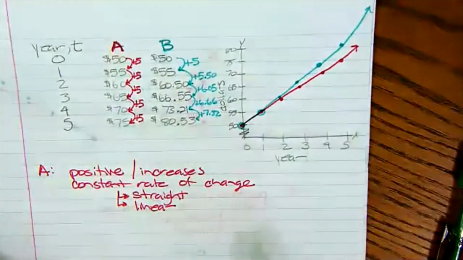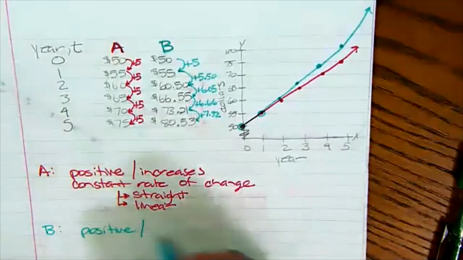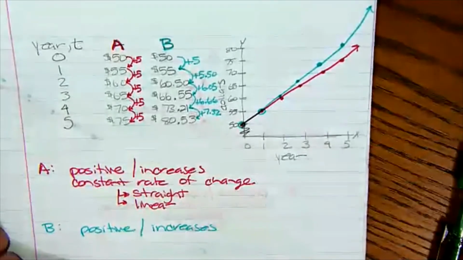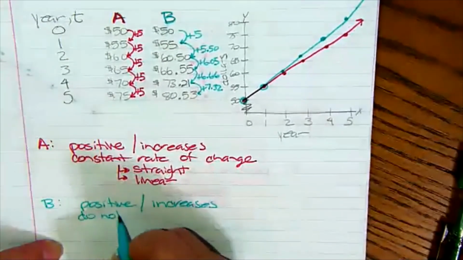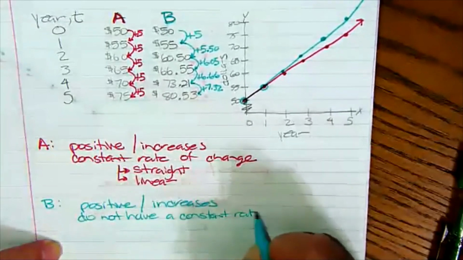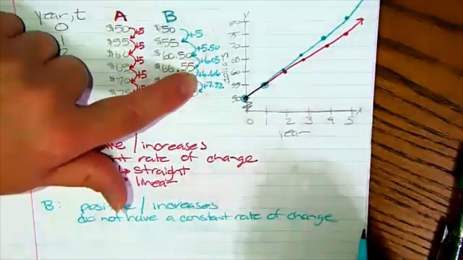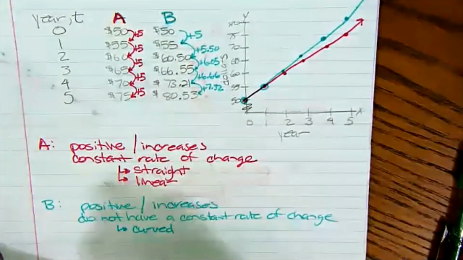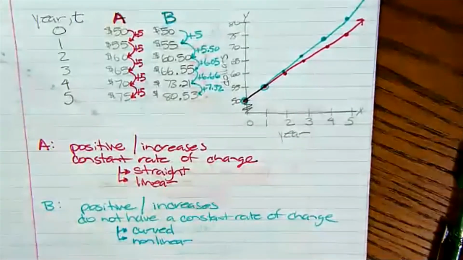It's curved. So what can we say about account B? It's still positive. The amounts are still increasing. But I do not have a constant rate of change proven by the table, which means my graph is curved, which means this is a non-linear function.